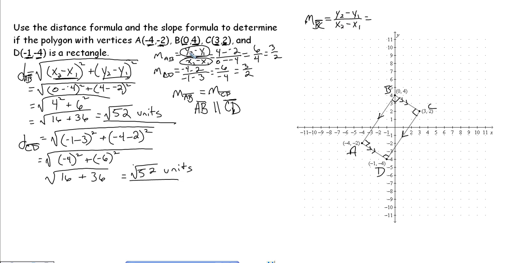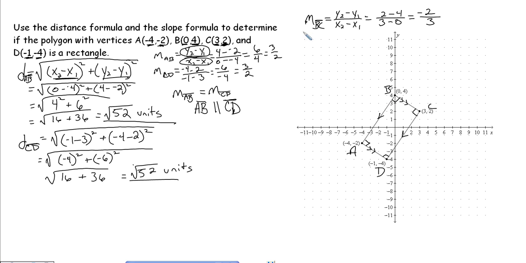And looking at our coordinates, that was not negative 2, I'm sorry, that was positive 2 minus 4, over 3 minus 0. And 2 minus 4 is negative 2, and 3 minus 0 is 3. So our slope of line segment BC is negative 2/3.